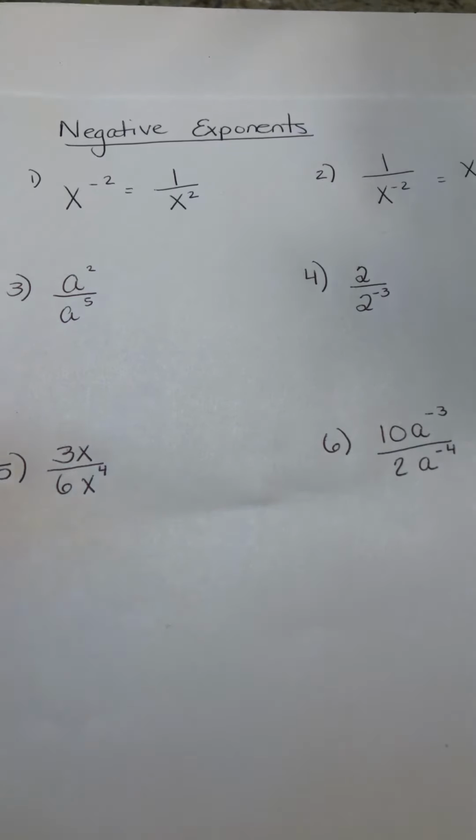And if I think about which one of these is more, 5 is more than 2. So I'm going to put the a cubed on the denominator because 5 is more. So take the difference and put the value, the positive value, where it is more down here. Okay, so same answer, just two different ways of thinking about the problem.